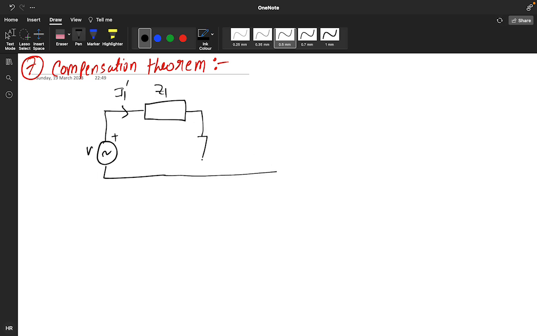This is your Z2, and this particular one is Z plus delta Z. This is I, and here you are getting the current I2.